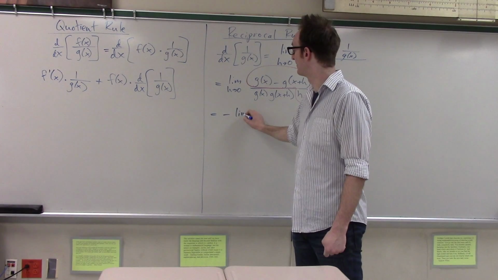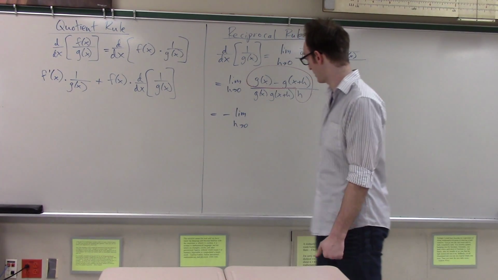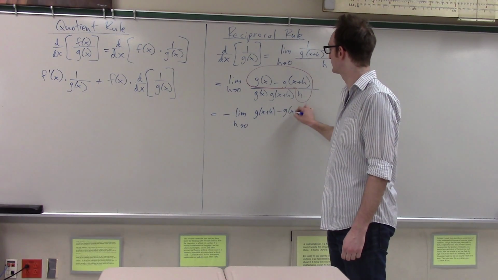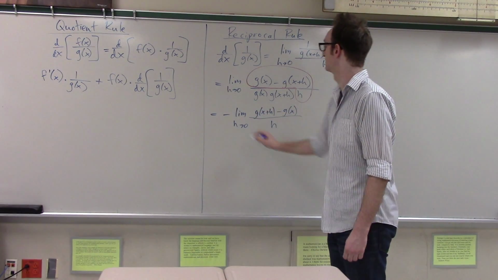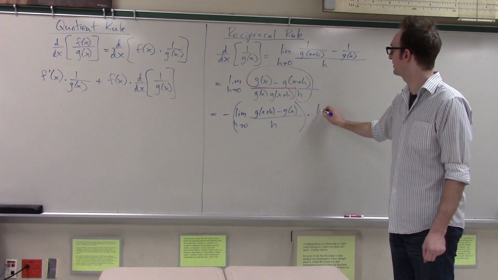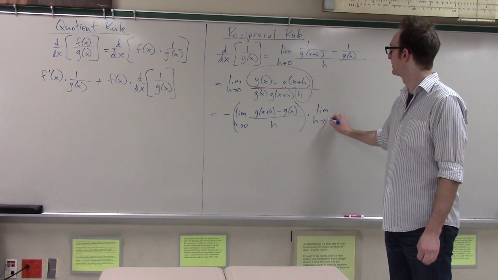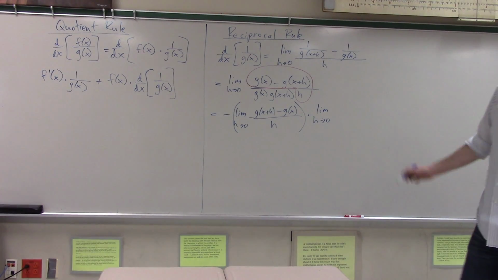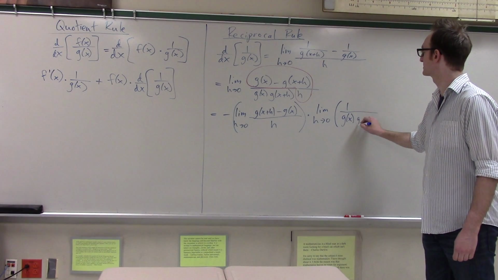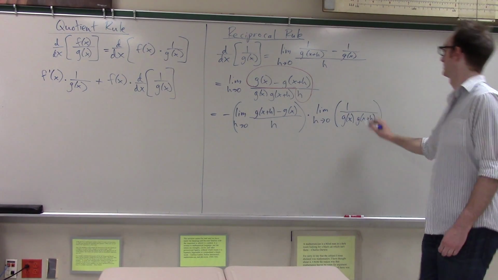If I do that, I get negative the limit as h goes to 0 of g of x plus h minus g of x all over h. That's the first limit. And then what I have here is everything that's left over: the limit as h goes to 0 of, well, I guess it's 1 over g of x plus h.